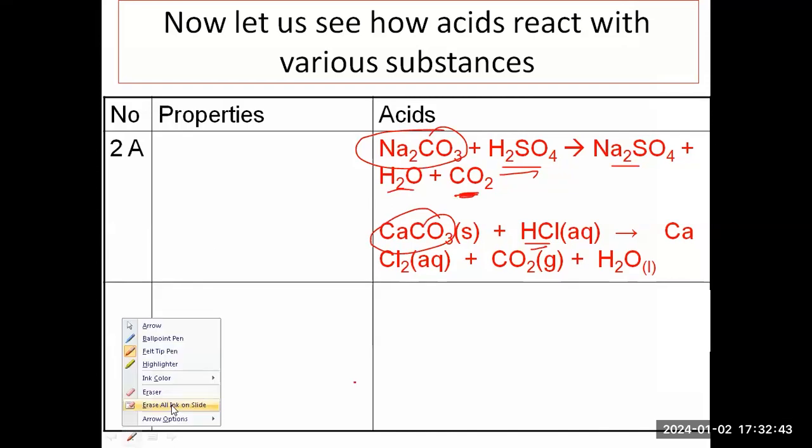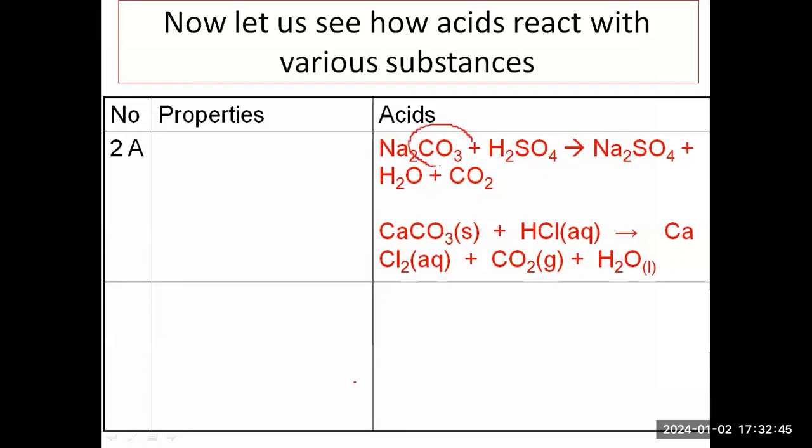Just because here we have a metal carbonate, the gas produced is carbon dioxide. You can relate it here. Because the reactant was a carbonate, we got the carbon dioxide gas, right? So here will be the same thing.